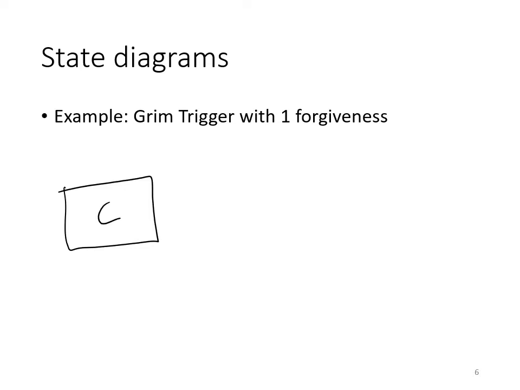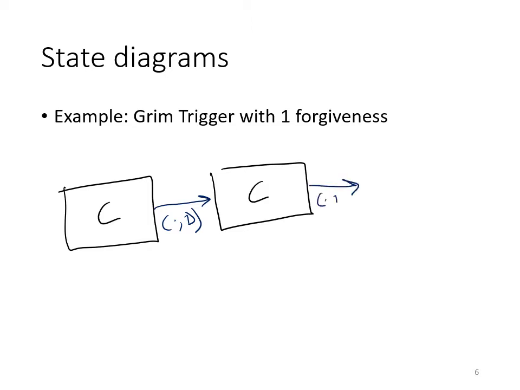This, you might not be able to obviously come up with a way of modeling this, but the nice way of doing this is just do the following. You can have multiple cooperate boxes in a row. So when the other person defects once, I move over to this box, which is still cooperate. But from that one, if they defect again, I move into this box, which is defect.